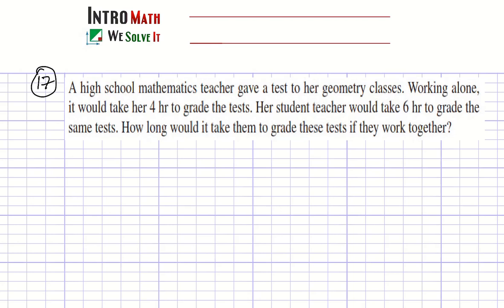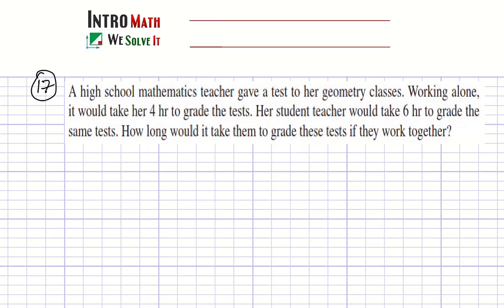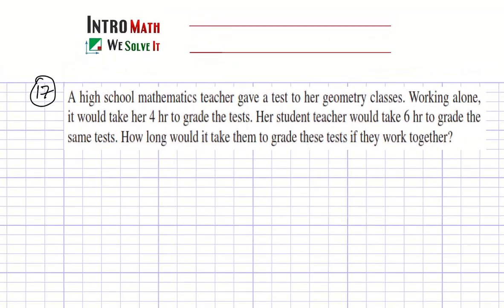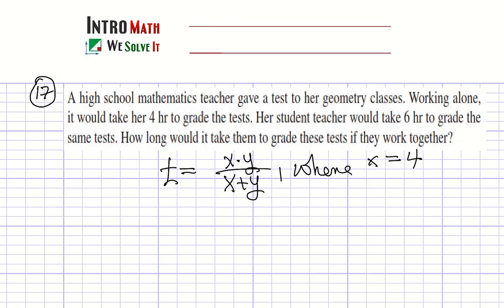You see, this is a variation of the problem, but it's still saying the same thing. Let t be how long it would take them both to grade, okay? You can start like that. T, the time it would take them both to grade the test. Then t is equal to x times y over x plus y, where x is equal to 4 hours, y is equal to 6 hours.